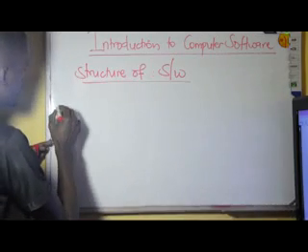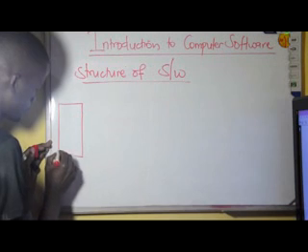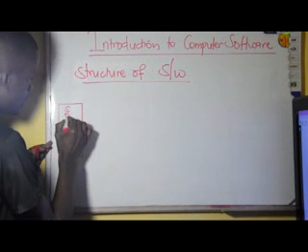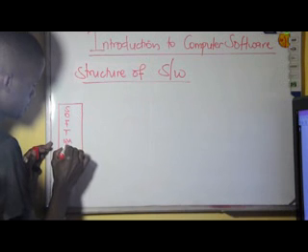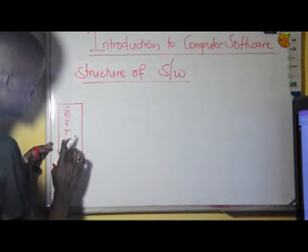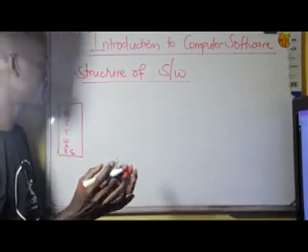Basically, we start generally with a very big term, software. Software is broadly categorized into two types.